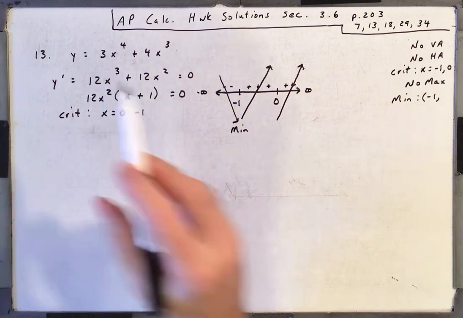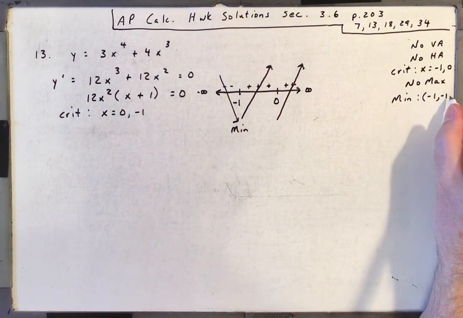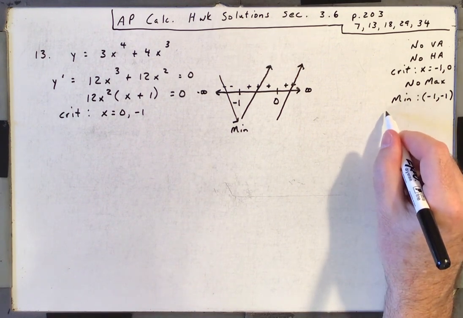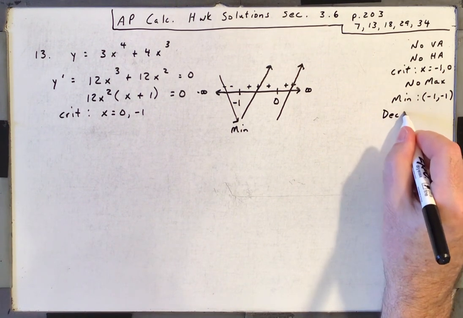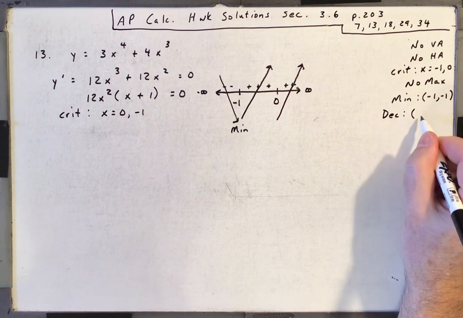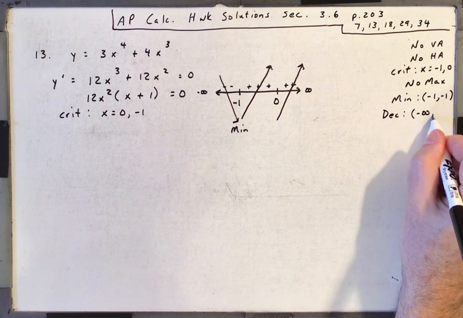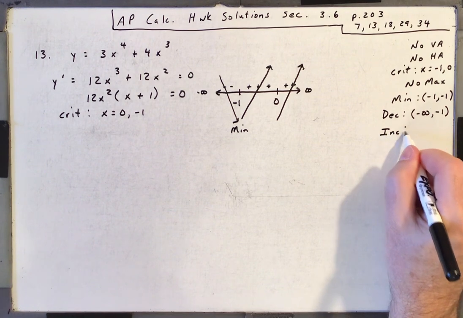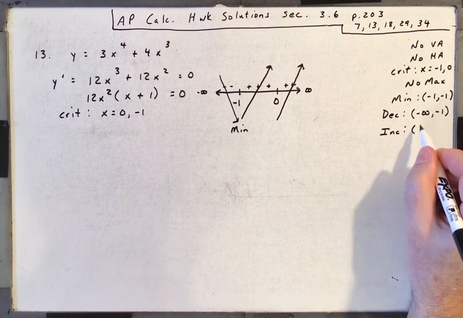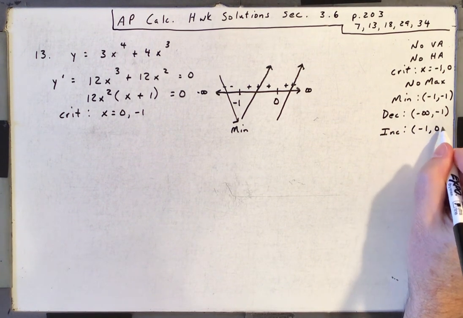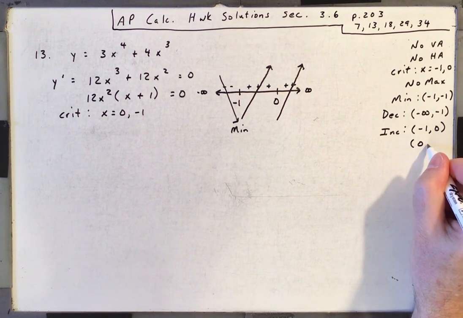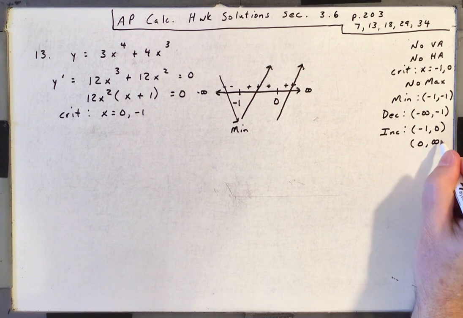So it's at negative 1, negative 1. We are decreasing from negative infinity to negative 1. And then we are increasing from negative 1 to 0, and then it hits a flat spot in the graph, and then 0 to infinity.